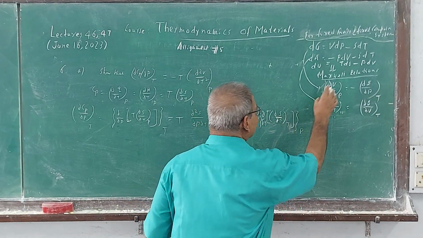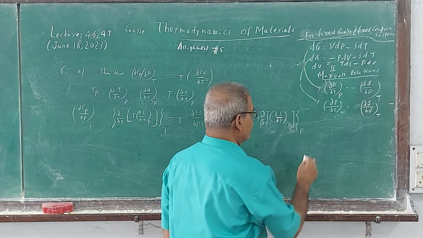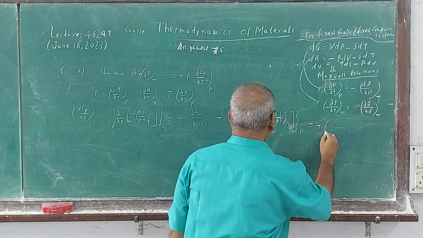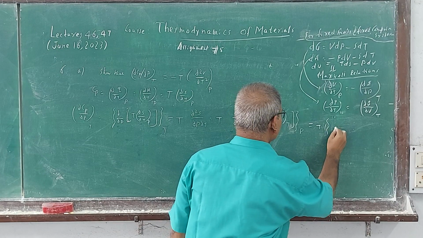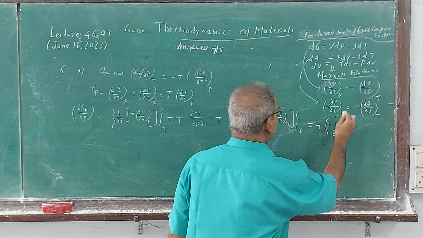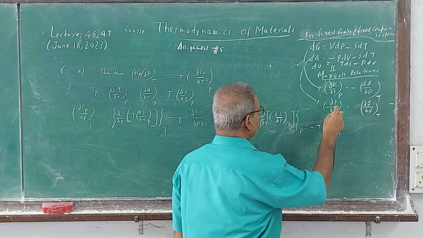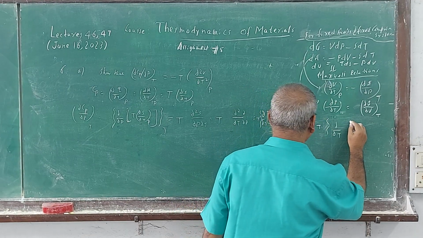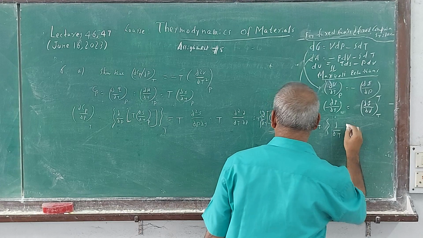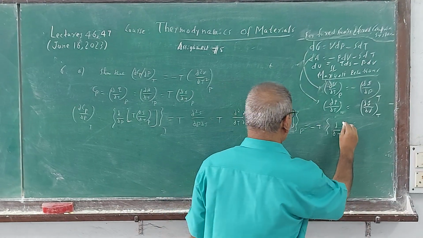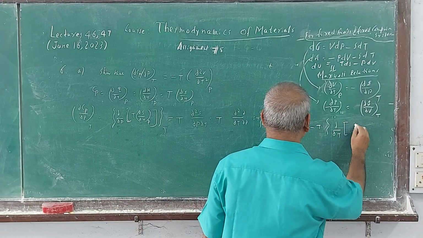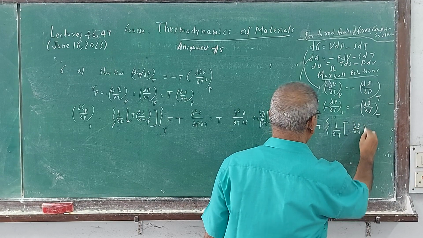So why not grab this? So it is T. Write this nicely. As you see, del S by del P is nothing but minus, give a minus sign outside, del V by del T in third bracket, at constant pressure.